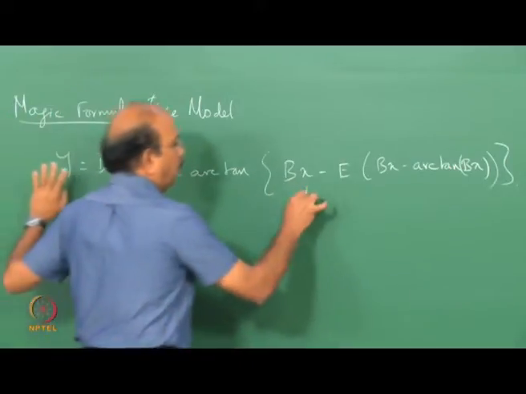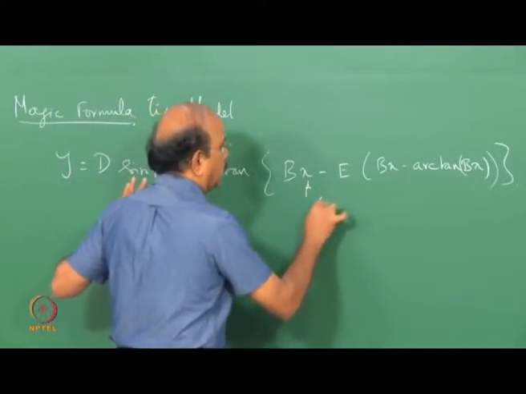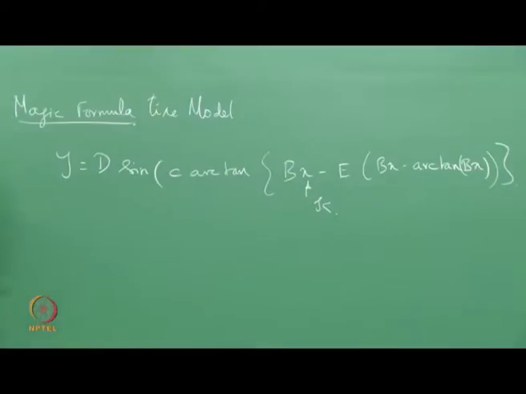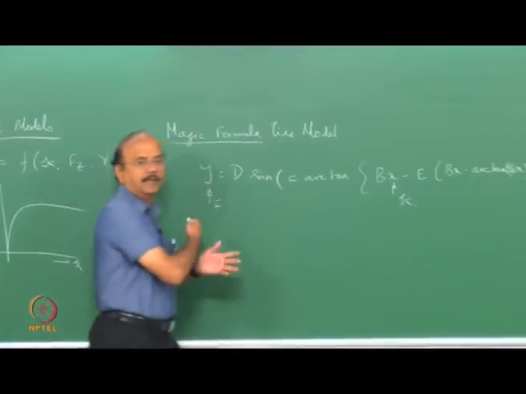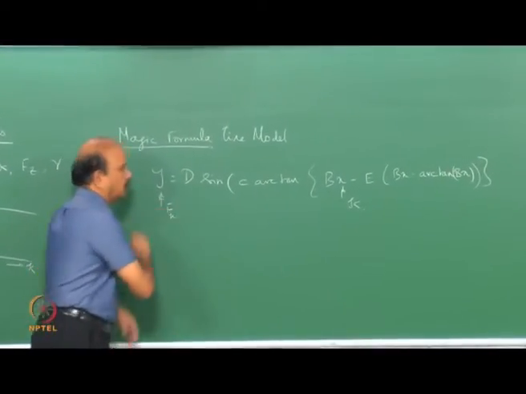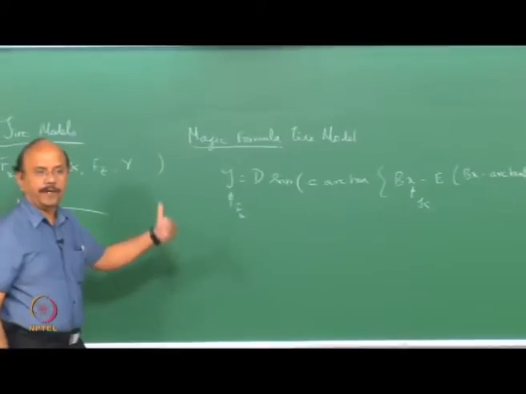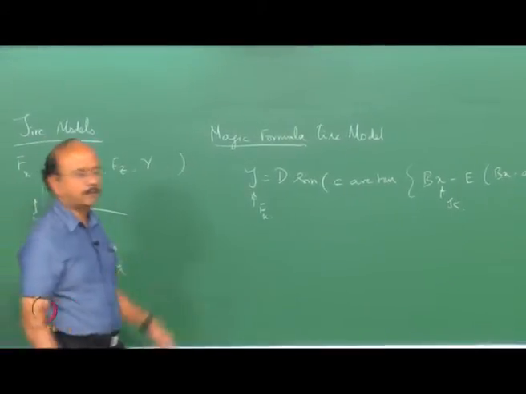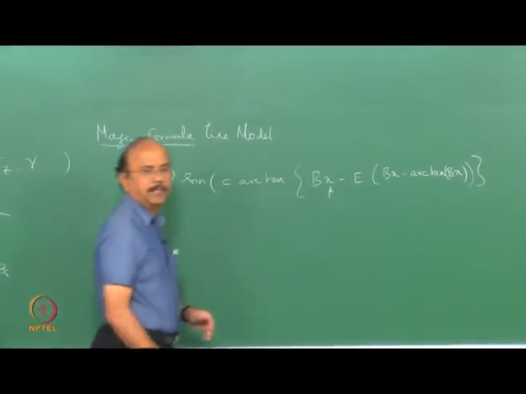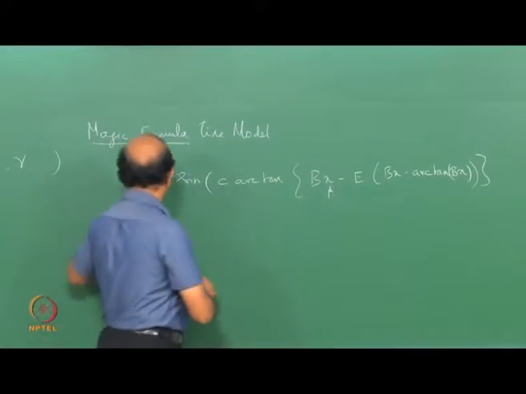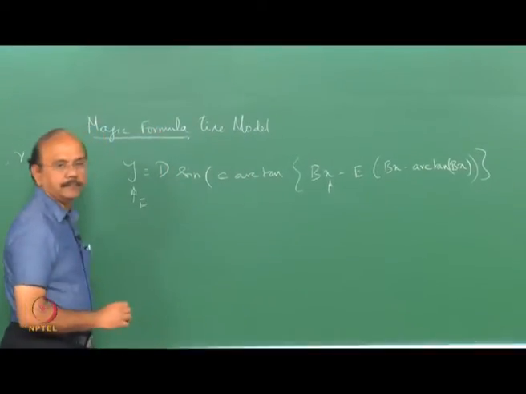If I substitute now x for kappa, my slip, in this form, then I would get Fx. If I now substitute this for alpha here, slip, then I would get Fy.